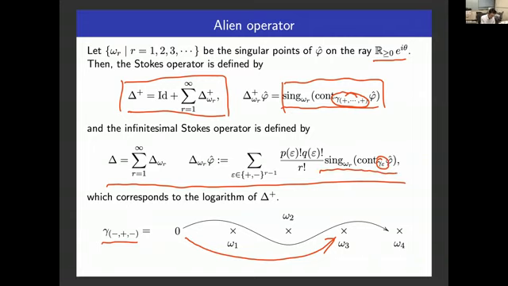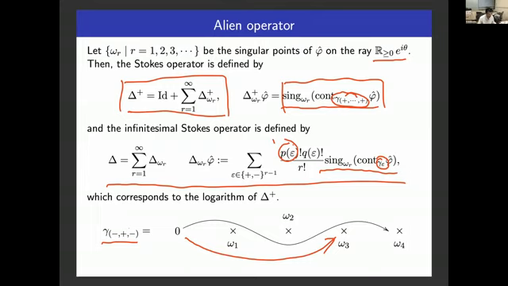And the number p epsilon is the number of positive signs in epsilon, and q epsilon is the number of minus signs in epsilon. And in this way, the infinitesimal Stokes operator is defined.